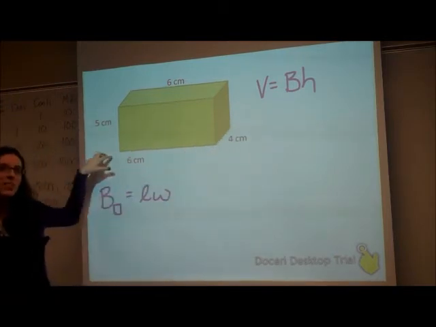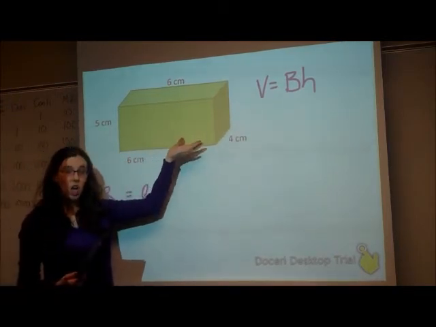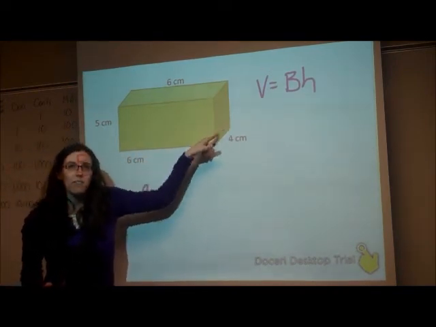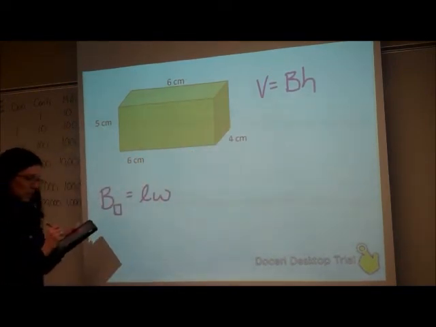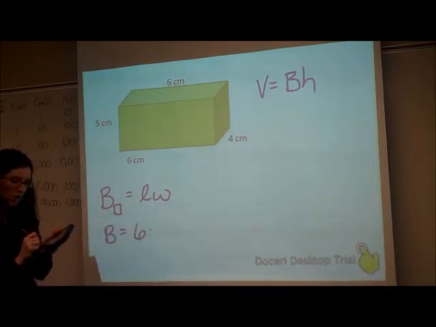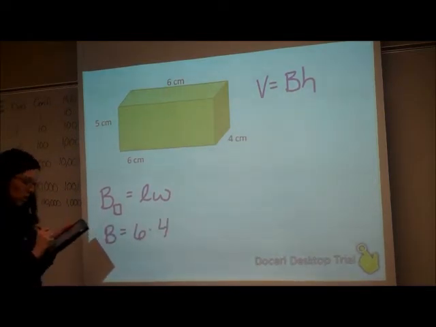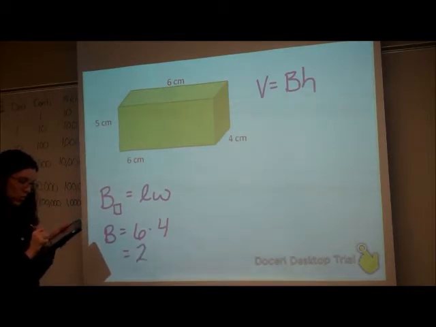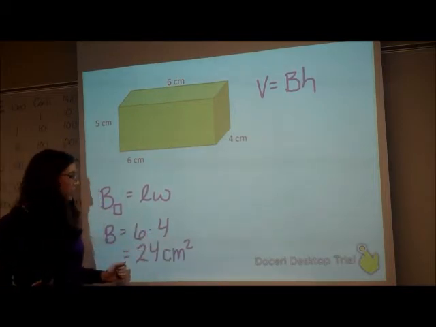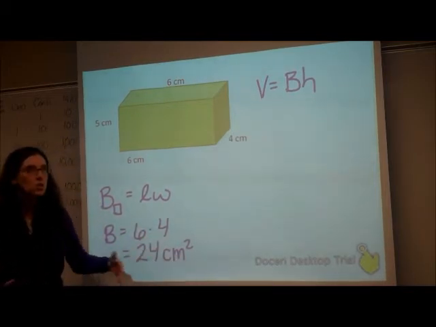If we think of this bottom rectangle, what it's sitting on, as our base, it would be 6 by 4. That's its length and width. So the area of that base would be 6 times 4, which gives us 24 square centimeters, because 6 centimeters times 4 centimeters would be 24 square centimeters.